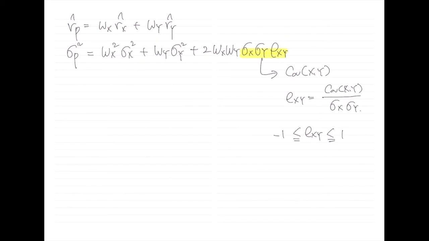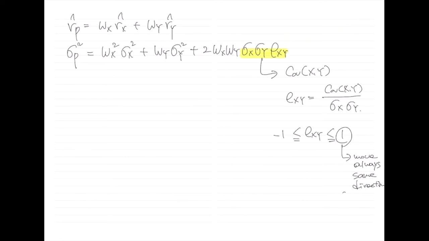If rho XY equals 1, it means these two assets, X and Y, always move in the same direction. It also means these two are perfectly positively correlated.